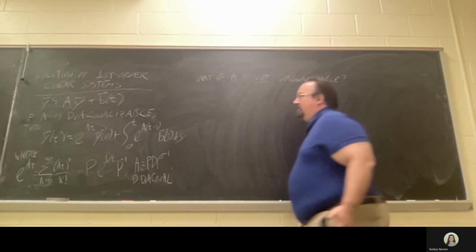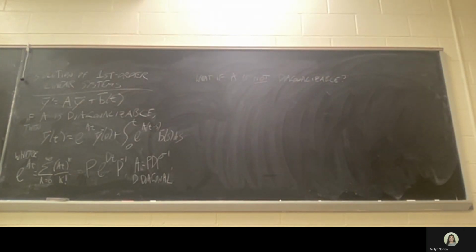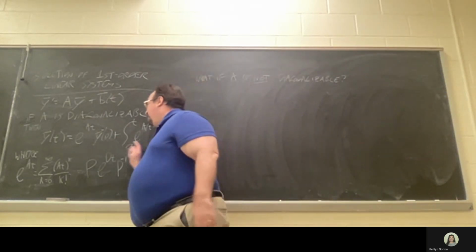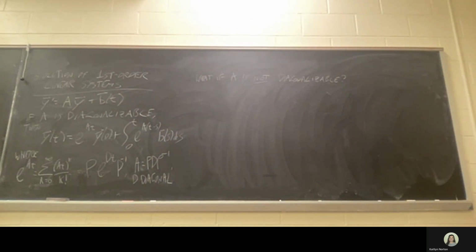Because what happened in the diagonalizable case is the original system of n ODEs was decomposed into n scalar ODEs that were independent of one another. And so we used the formula for solving a single ODE to solve those, and then we got back to this from a decomposition of A. So we'd like to be able to do something similar in the case where A is not diagonalizable. So can we actually do that?